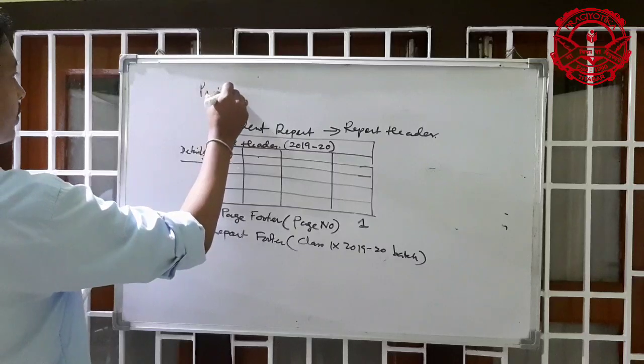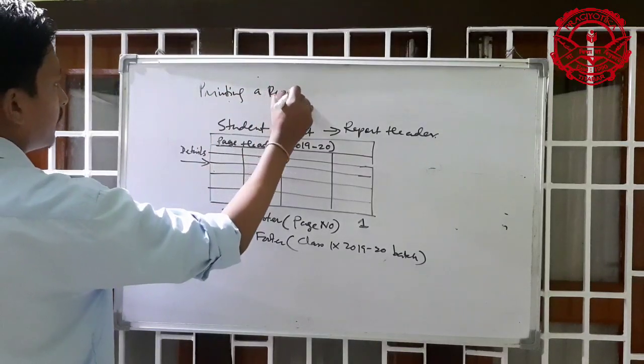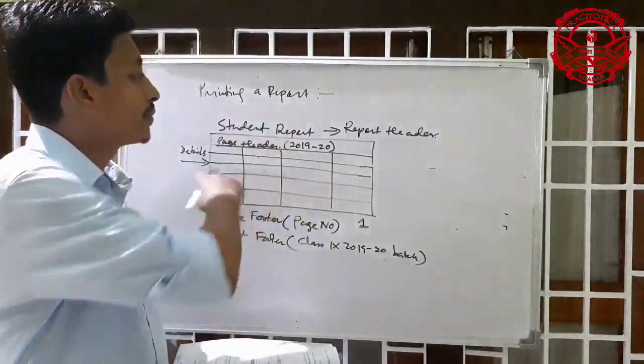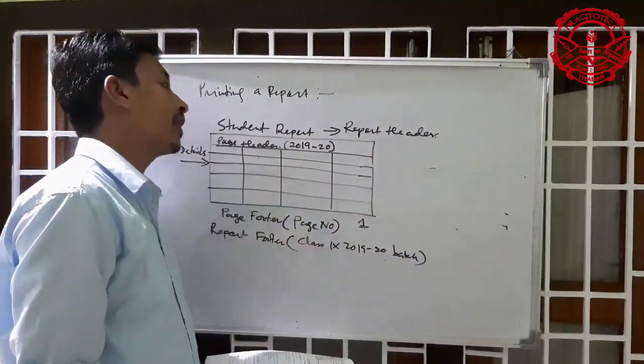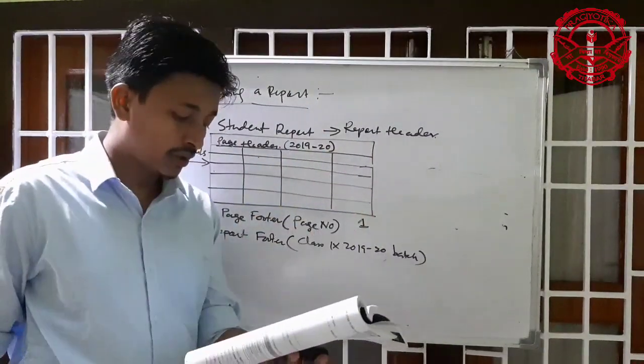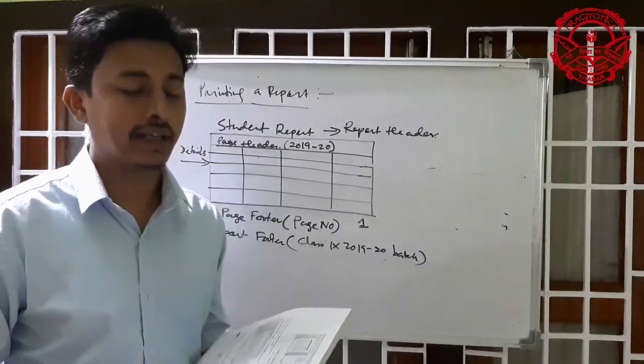Printing a report. The last thing we have to do, after getting all the information from the server, is to print the report, so that we can save it to our files.